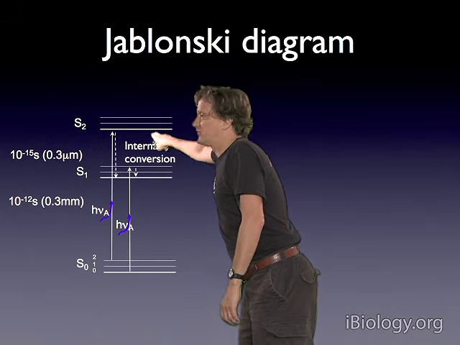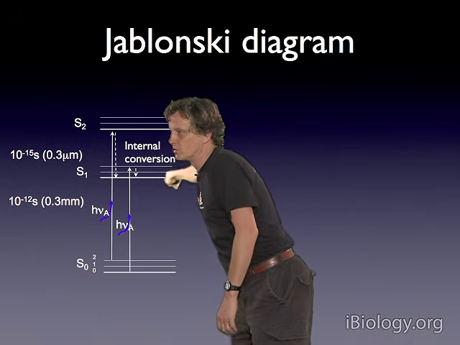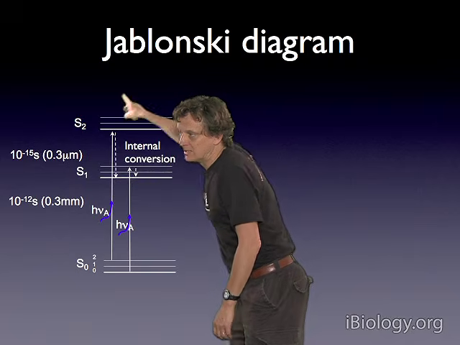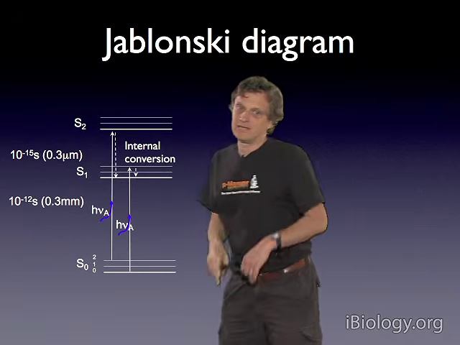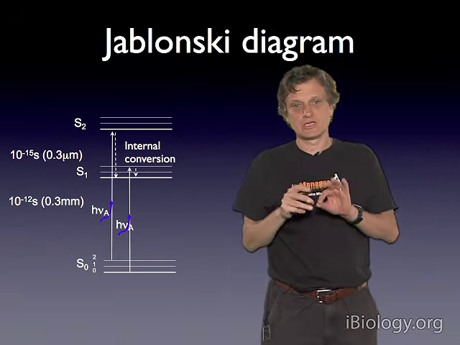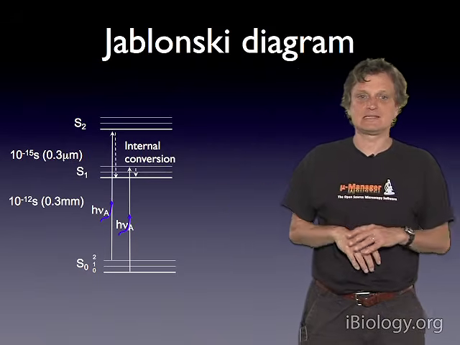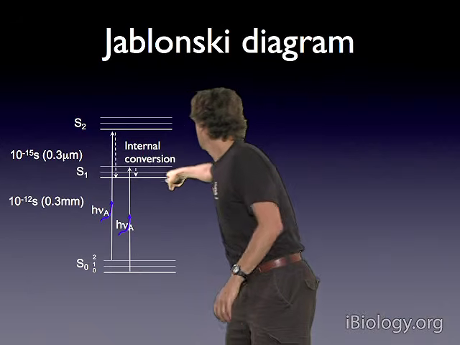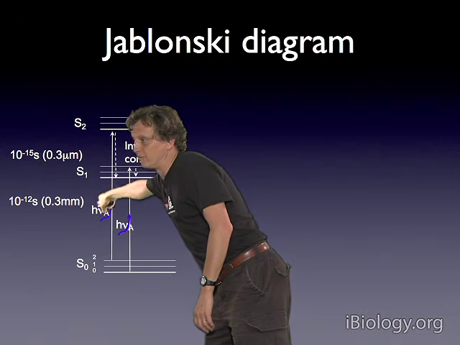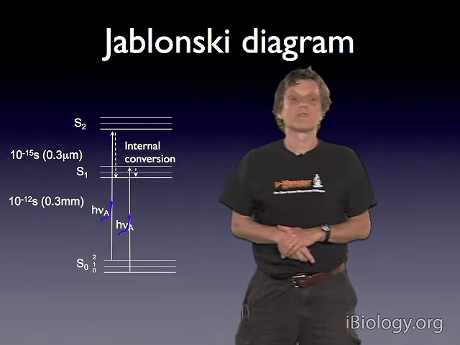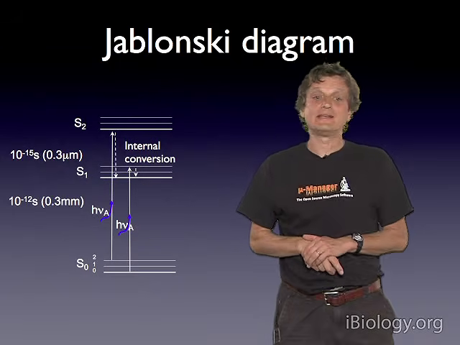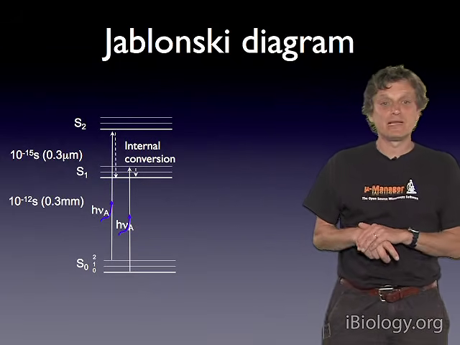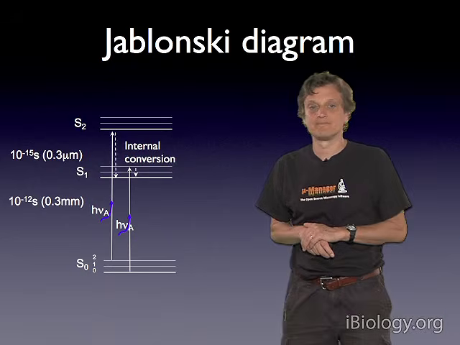Once that electron finds itself in these higher orbitals, through a process called internal conversion, it quickly falls back to what you could call the ground level of the excited state. That internal conversion is a tiny bit of heat that dissipates, so we have a bit of energy loss here. That happens on time scales of picoseconds, and light would travel only 0.3 millimeters during that time period.